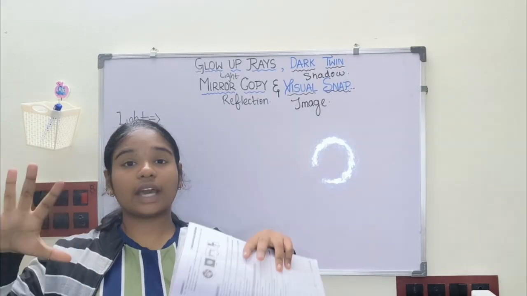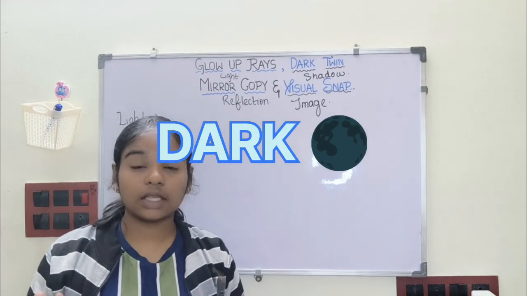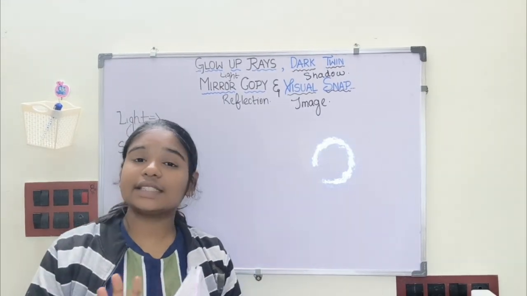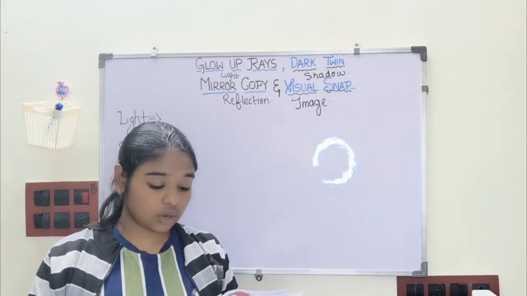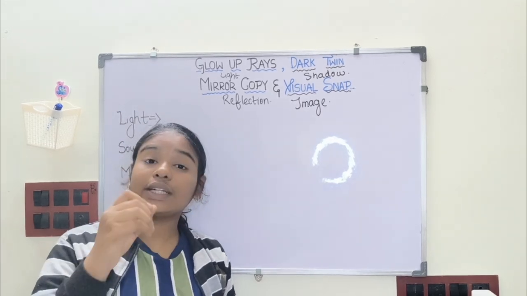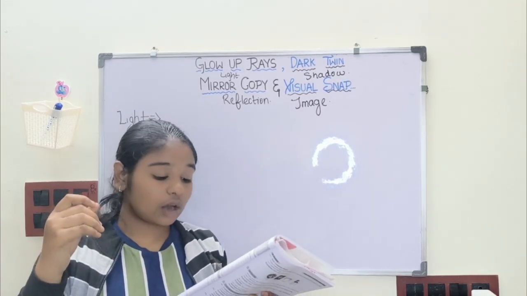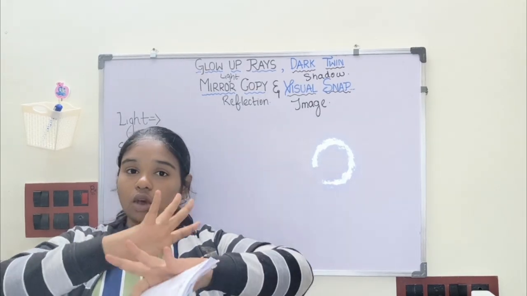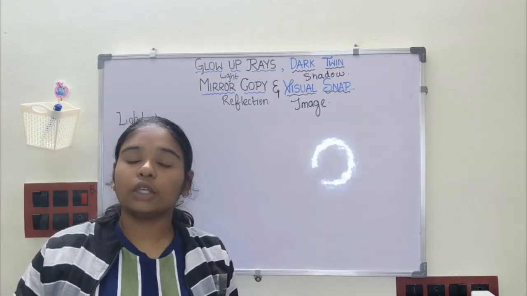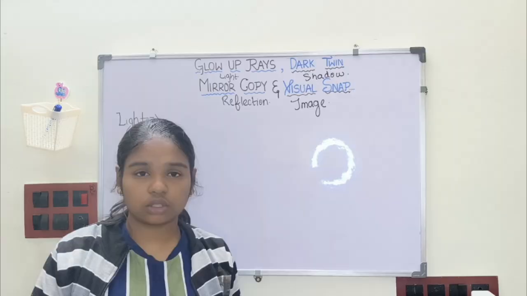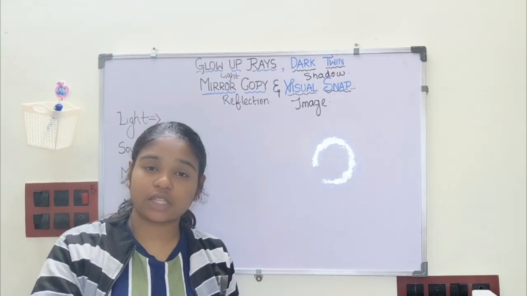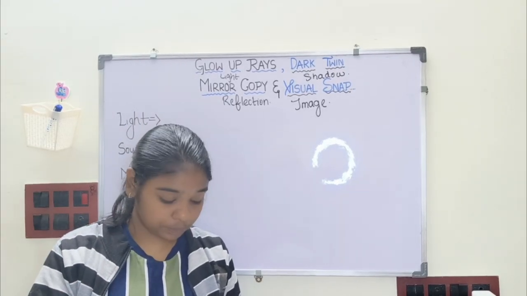Suppose you go in a dark room. There is no light, so you can't see anything. Now, when you light a candle or a torch in a totally dark room, what happens? You can see the objects present in that room.